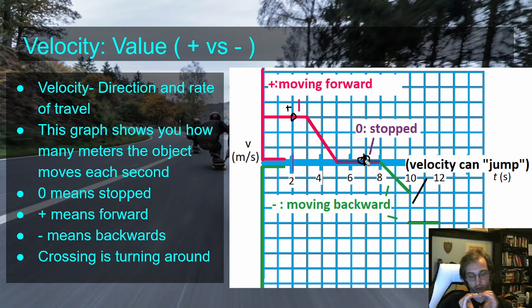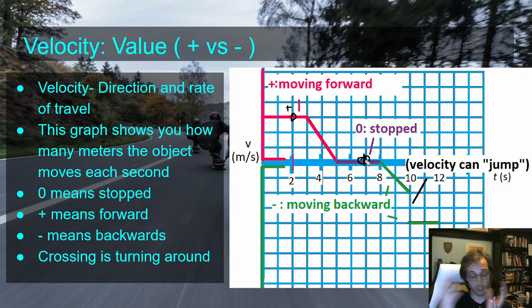Something that tends to throw people off about this: this graph is progressively getting more negative the whole time. If this was a position graph, you could look at it and say that the object was moving backwards or stopped for the whole time. However, because this is a velocity graph, the graph is not showing you the object.